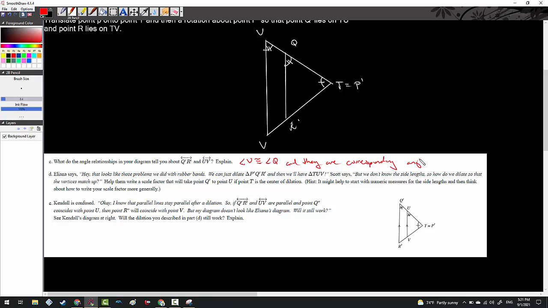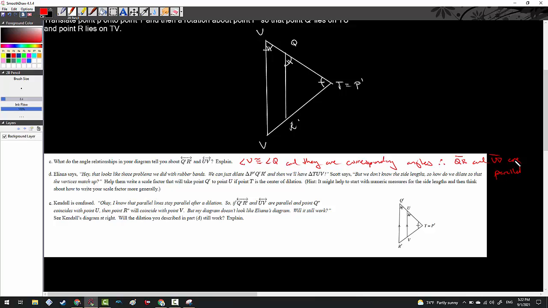So what I'm going to do is use this knowledge in reverse, and I'm going to say because the corresponding angles are congruent, that means, so again, remember these three dots means therefore, that means that QR and UV are parallel.